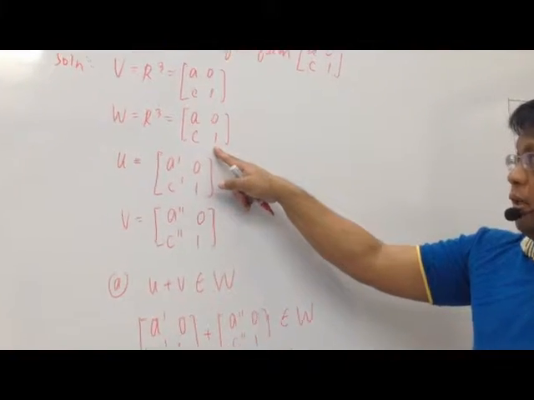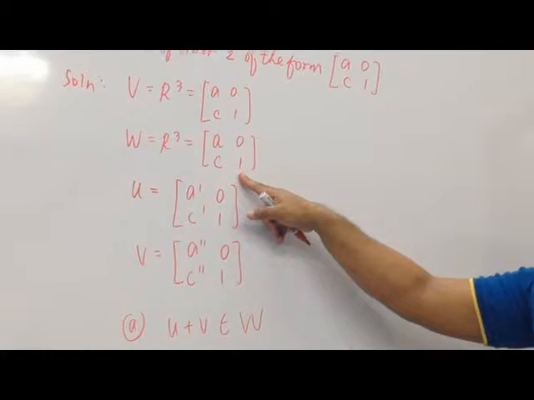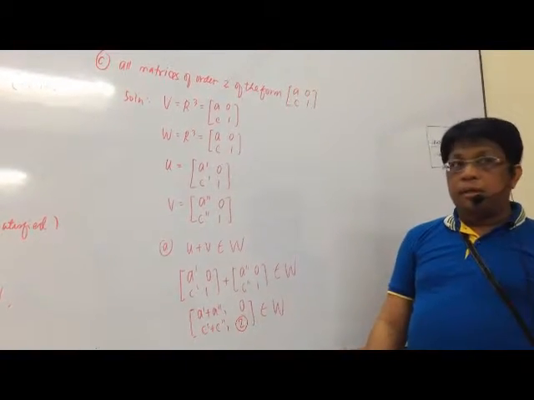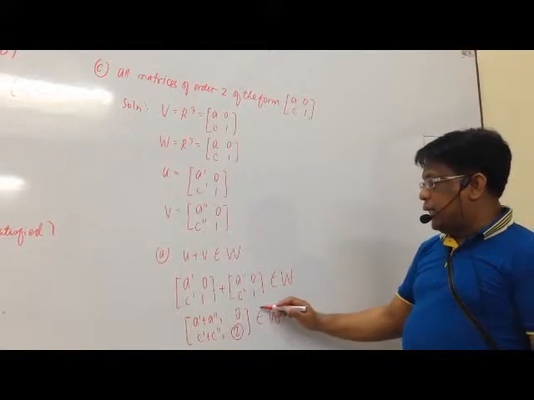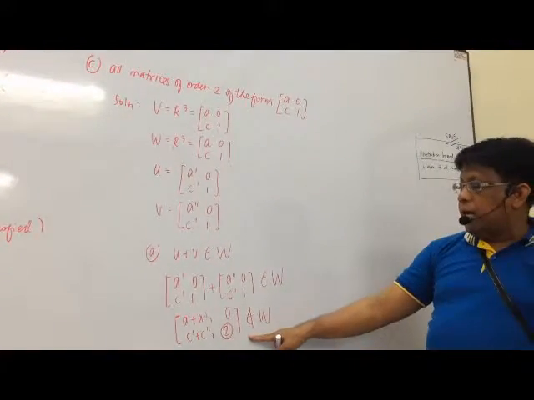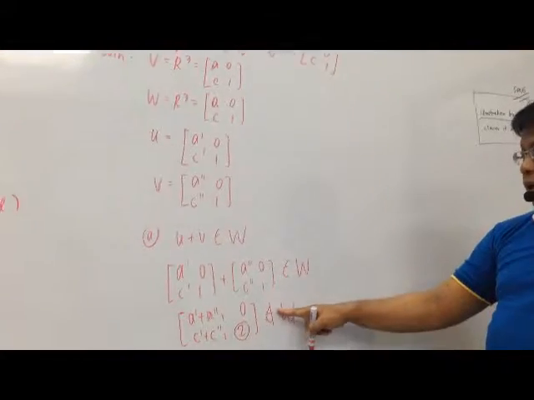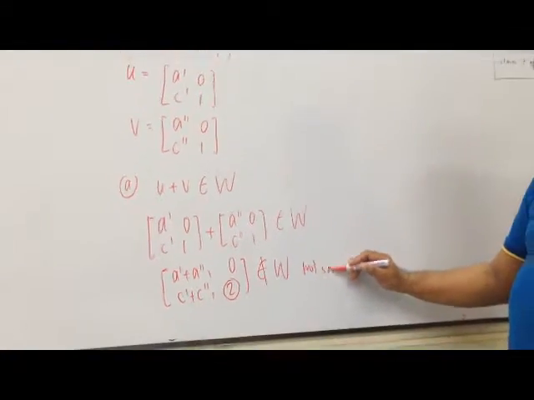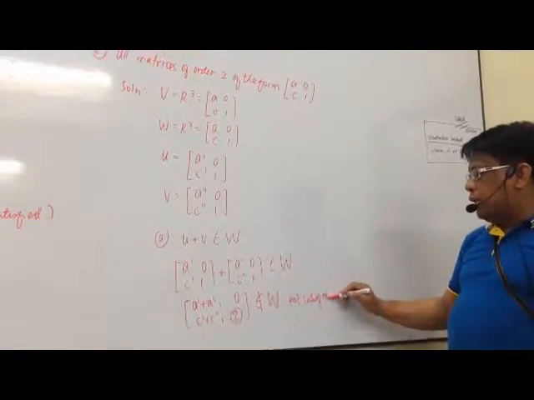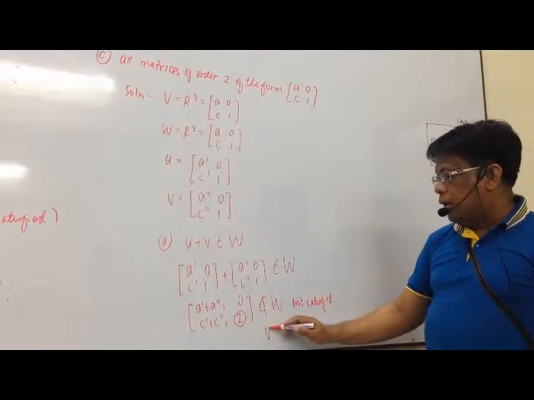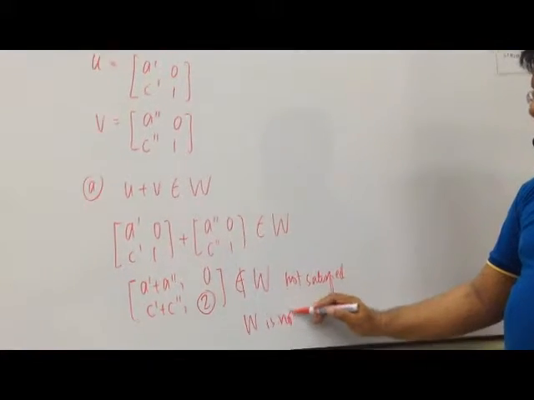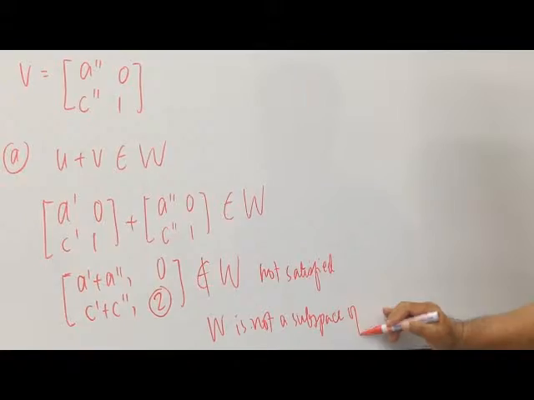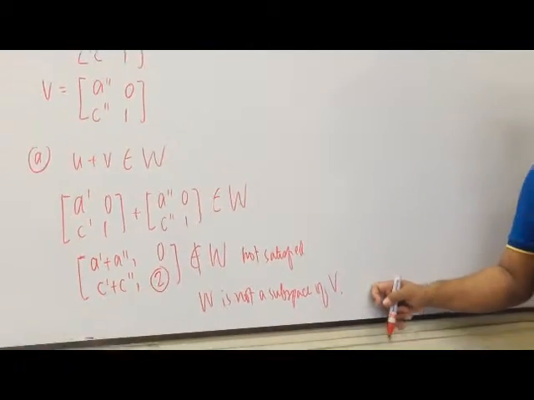This is 1 for our W. But here, the resulting vector has 2. So in that case, again, it is not satisfied. You write now "not an element" using the slashed epsilon symbol. That means it is not satisfied again. With that, class, we can conclude that W is not a subspace of V. Okay? Do you have any questions, class?